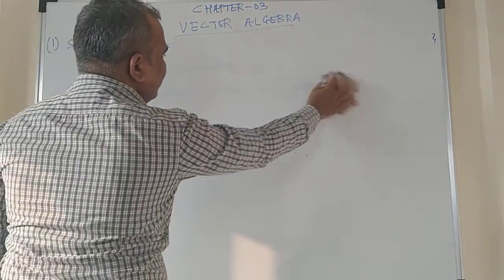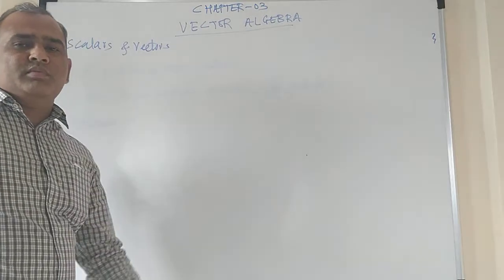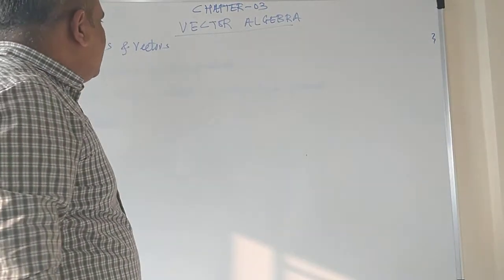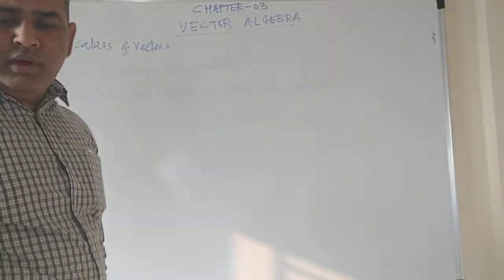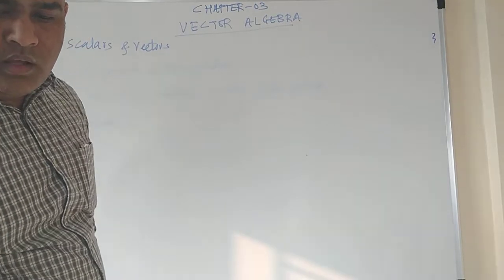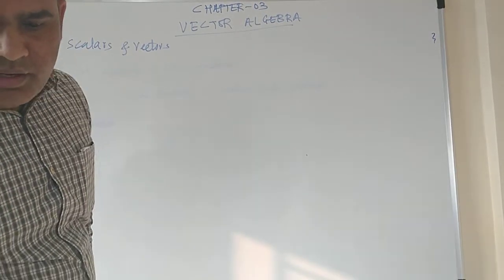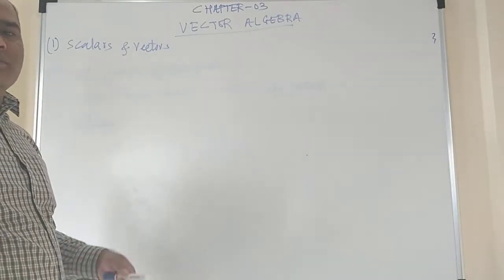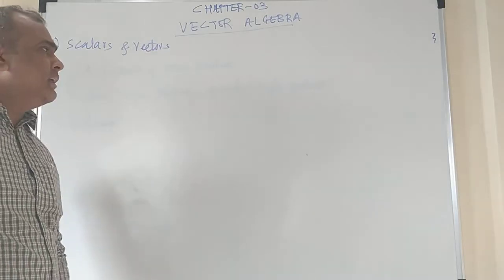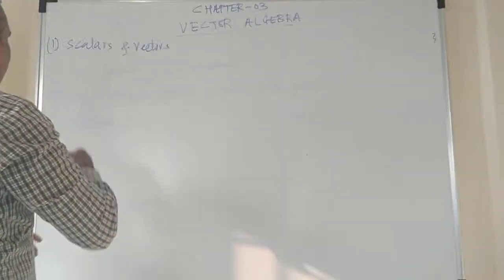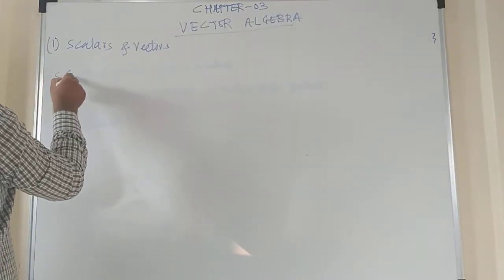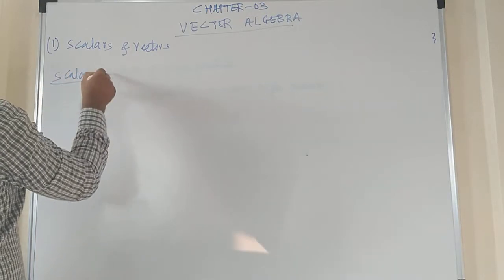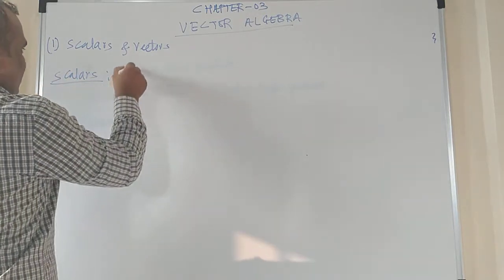And you are well aware with what is meant by scalars and vectors from 11th standard. So what do you mean by vector and scalar? So scalar is a physical quantity which has only magnitude and no direction. If there is some physical quantity which has only a magnitude but no direction, then such a physical quantity is called as a scalar.